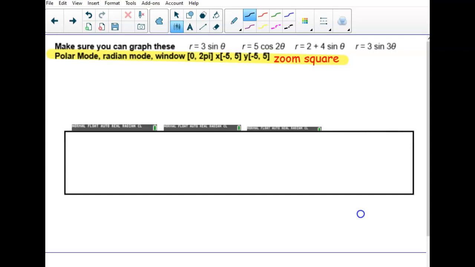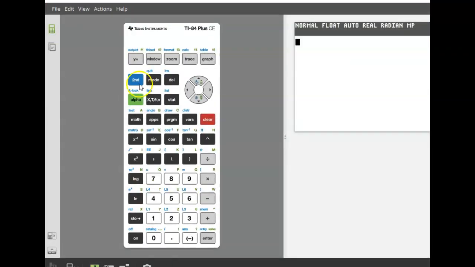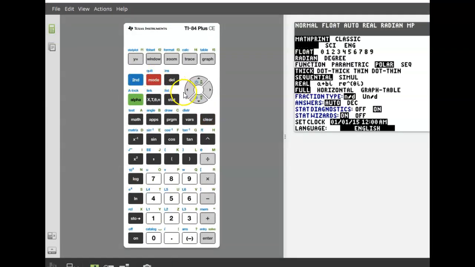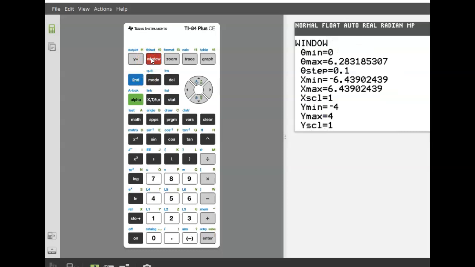Follow the directions there. Polar mode. So we go to mode. We go down and make sure we're in polar mode. Then it says radian mode, not degrees. And then it says window 0 to 2 pi by 0.1.